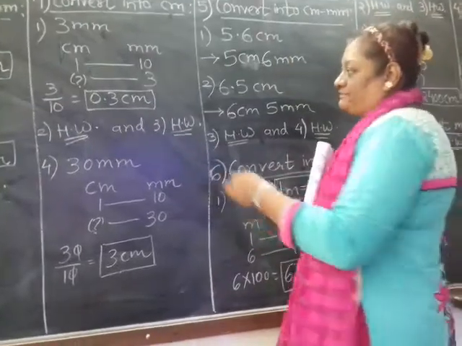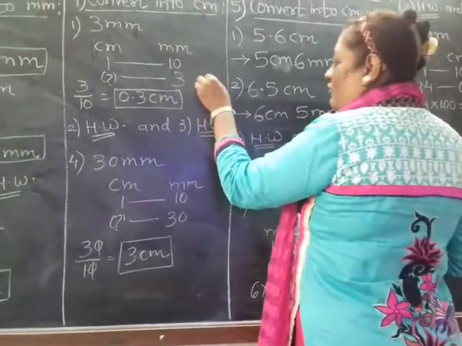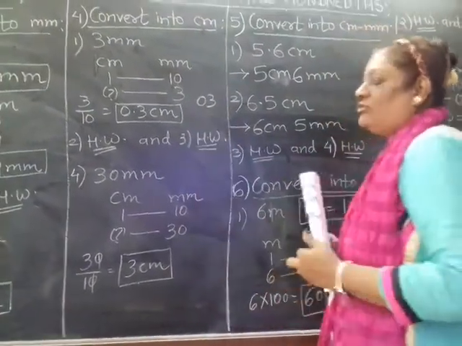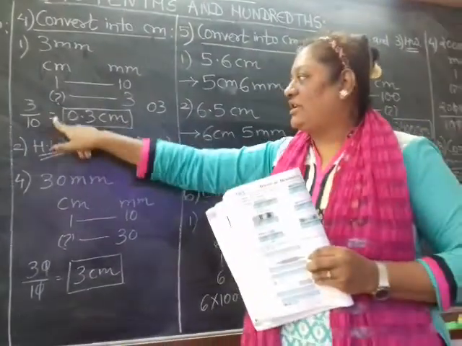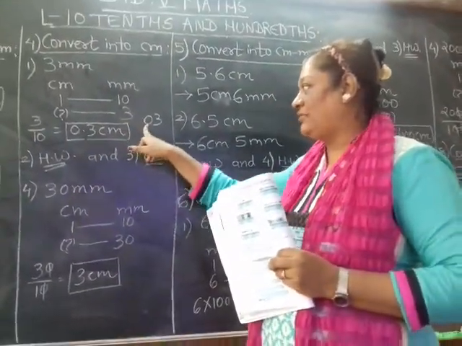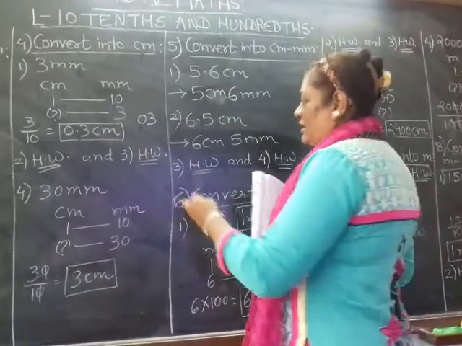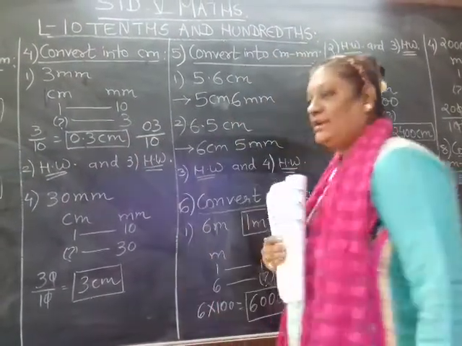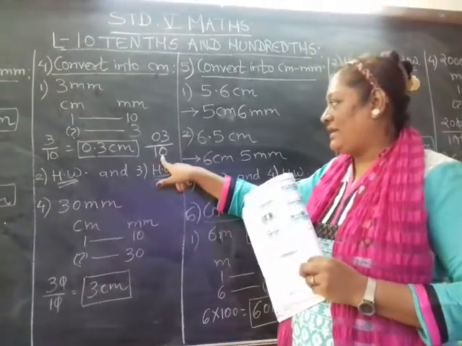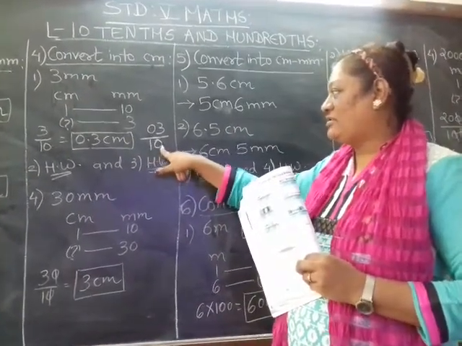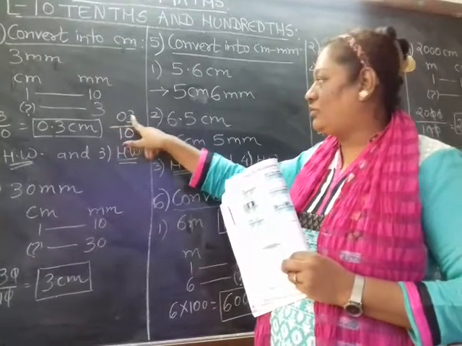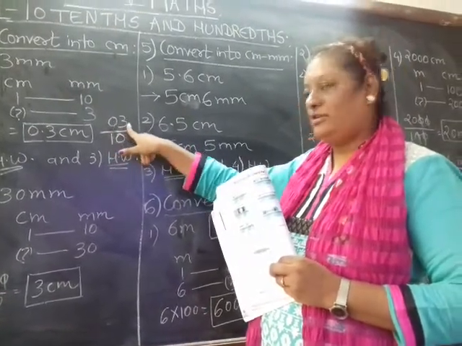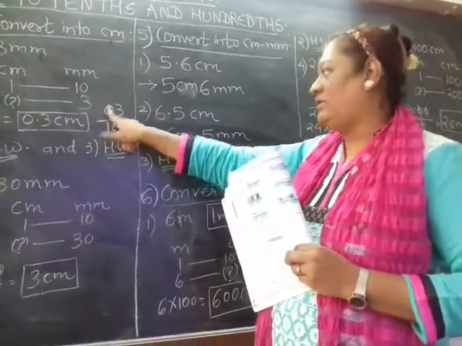Now what will I do? I will add 0 before 3. Always when you convert a simple fraction into decimal, we need to add 0 if required before the number in the numerator. So 3 upon 10. Right? Now in 10, I have 2 digits, so I made the numerator also equal with 2 digits, 1, 2, 1, 2, by adding 0 before 3.